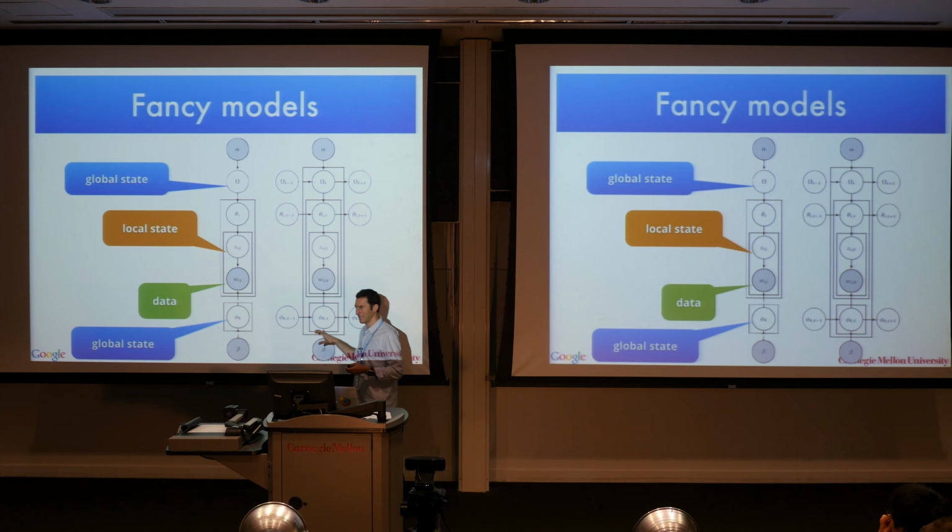But what you can see is that you can very quickly design much more complex, much more involved models that describe random variables and how they interact. Yes, you have to do some work to then design an efficient inference algorithm.